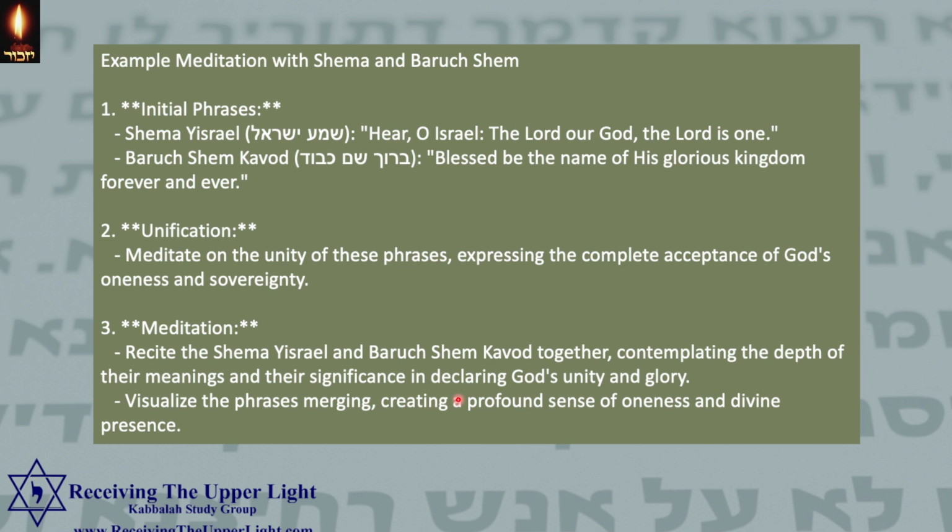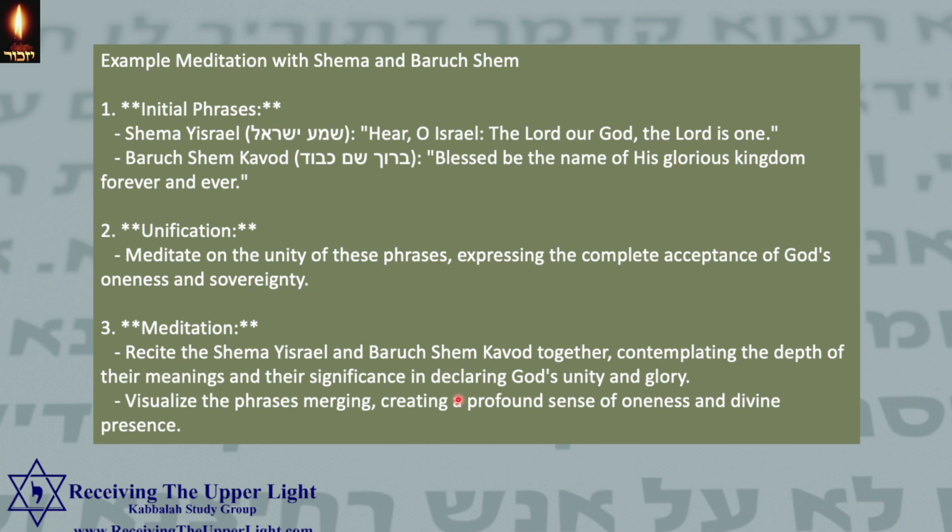Now, how can we do this meditation? You recite the Shema Yisrael and the Baruch Shem Kevod together, contemplating the depth of their meaning and their significance in declaring God's unity and glory. Visualize the phrases merging, creating a profound sense of oneness and divine presence.